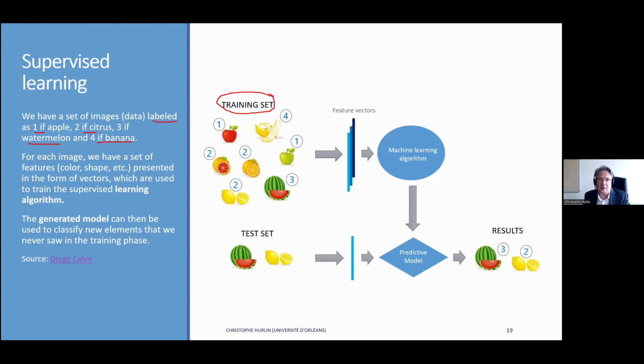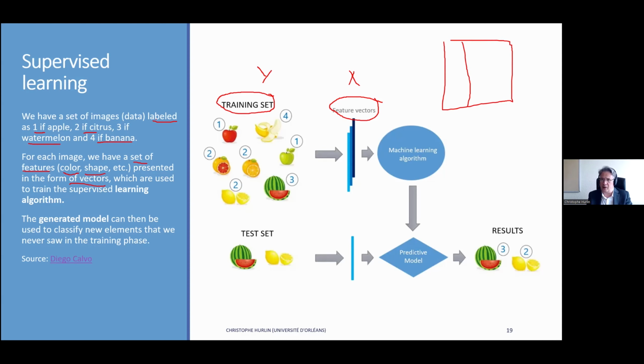Then for each image we have also a set of features. The features are represented by a vector. So this is an X and this is a Y here. For instance, we measure the color of the fruit, the shape of the fruit, and this data are presented in the form of vectors. So we have a data set.